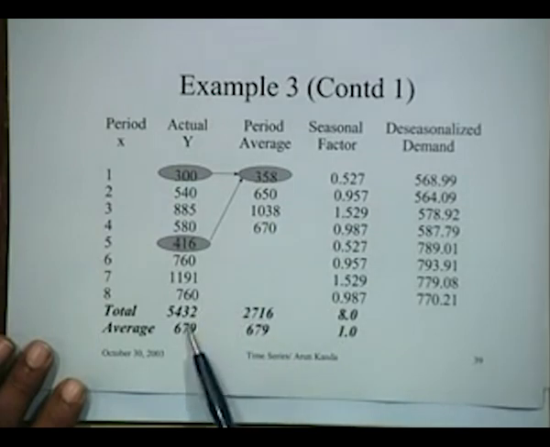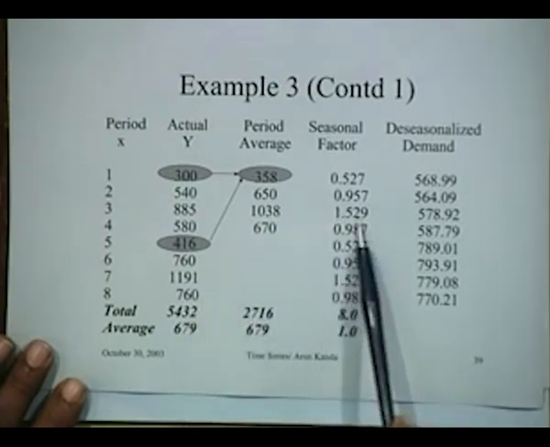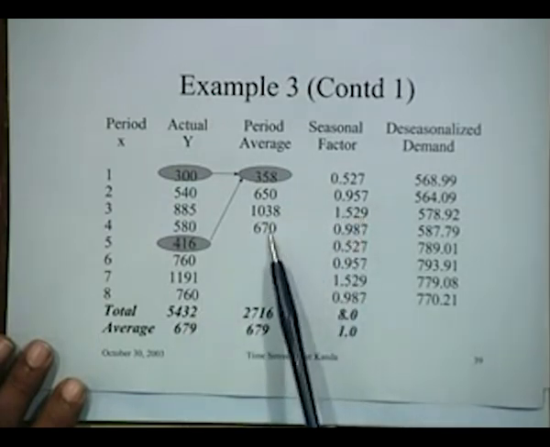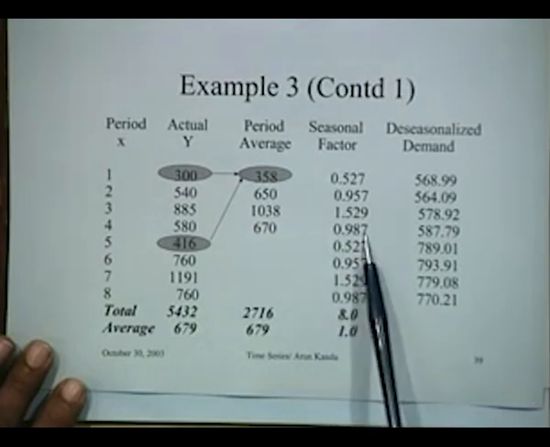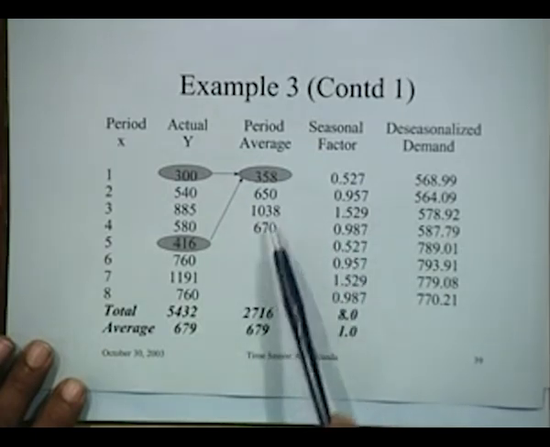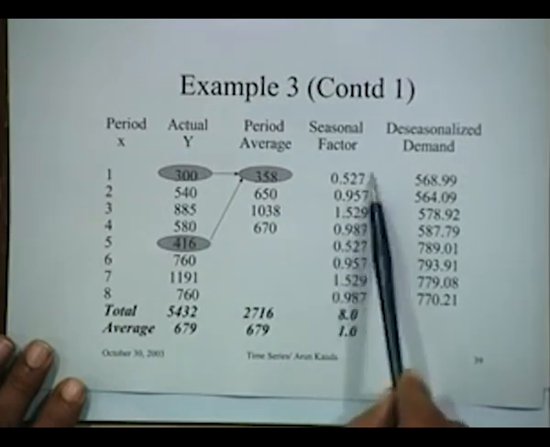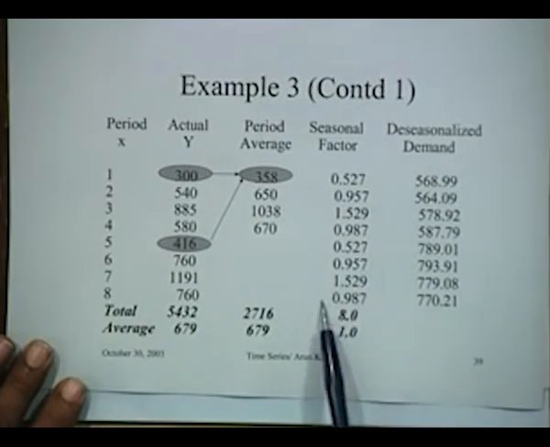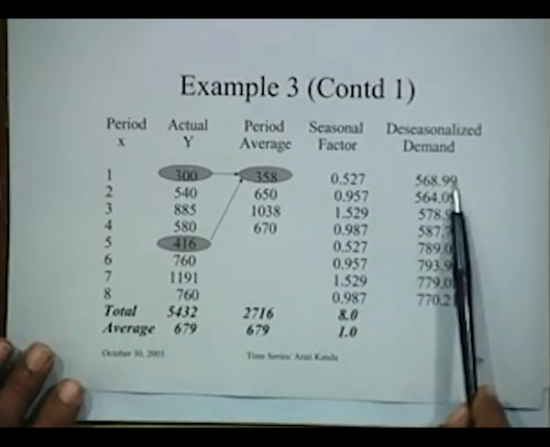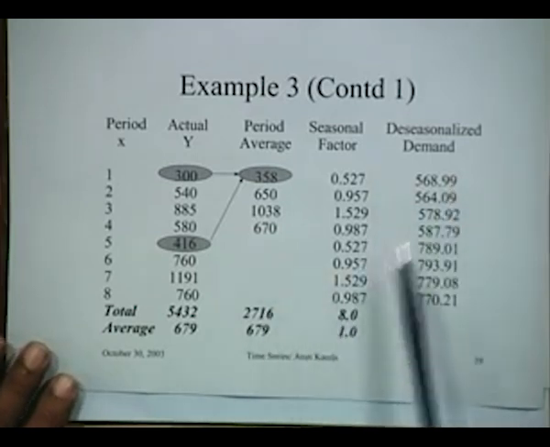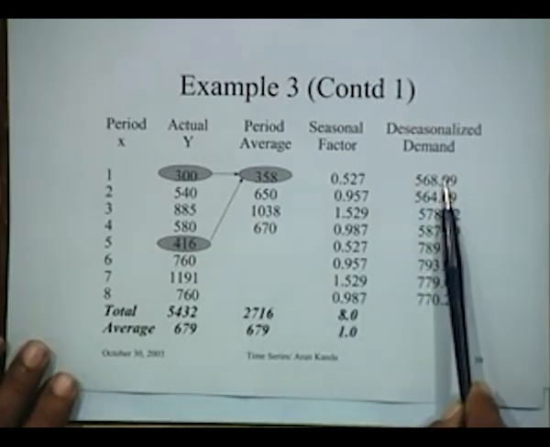This value divided by 679 is more than 1, which is 1.529, and then 670 by this is 0.987. The way we have defined it, because we have calculated these period averages, these factors will repeat themselves for the next year, right? And therefore, having got this seasonality factor, we can get the deseasonalized demand.